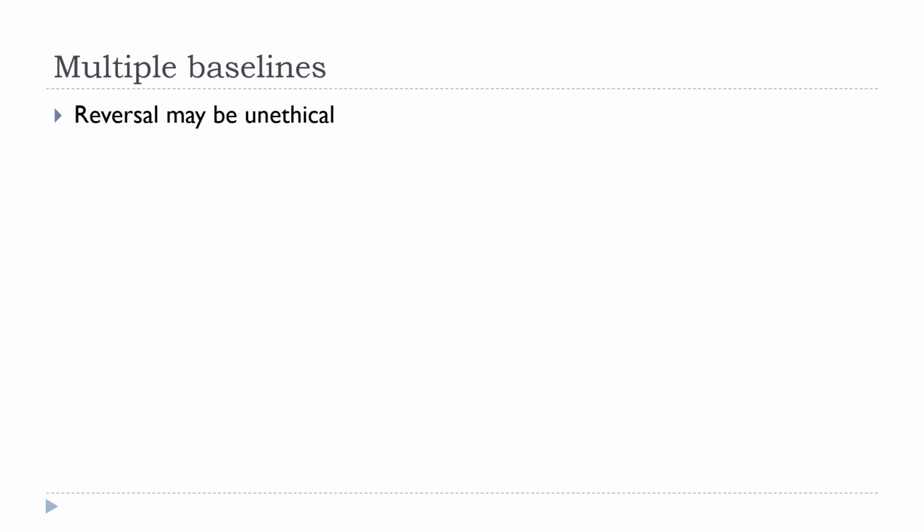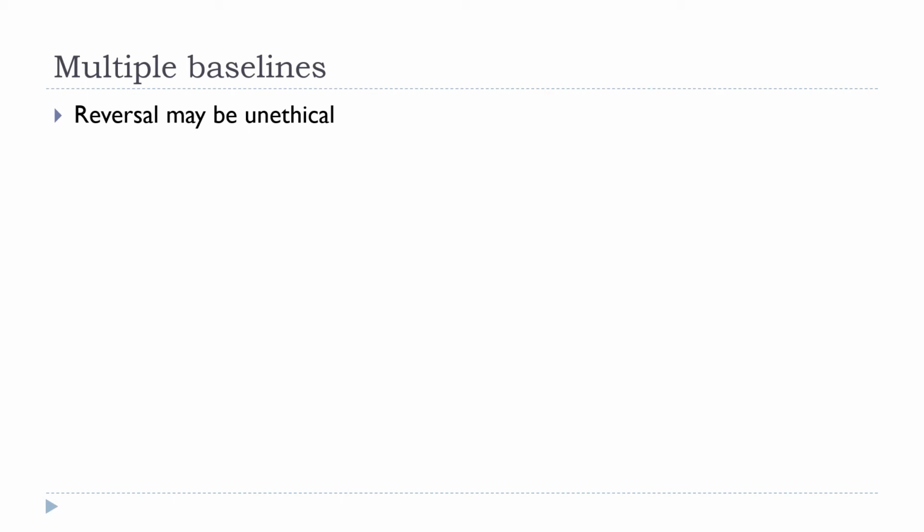So multiple baselines are used when reversal or removal of treatment may be unethical or impossible given the nature of it. You're starting treatment for a particularly harmful behavior. You don't want to withdraw that treatment, because if the harmful behavior continues, that could be very challenging for everyone and unethical.